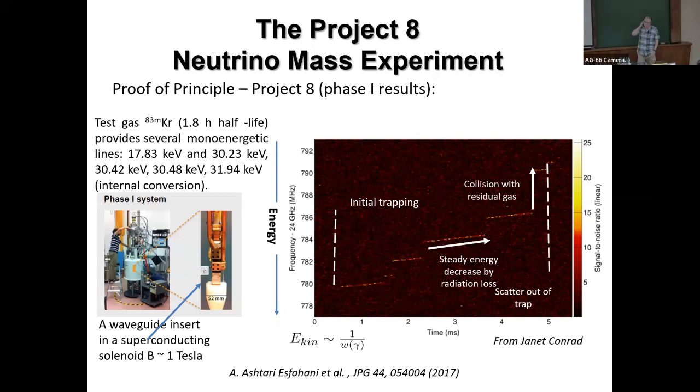So they have a proof of concept. Here is the proof of concept, which is phase 1 of Project 8, as they said. And here is how this kind of result looks. You have these straight lines, these slopes.